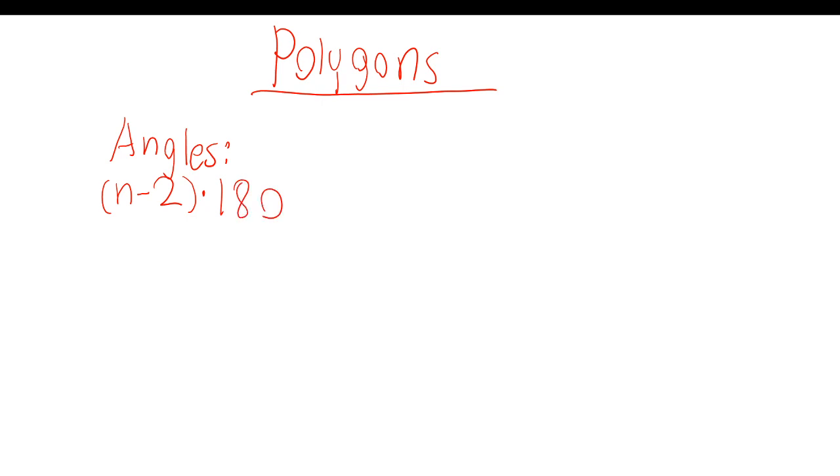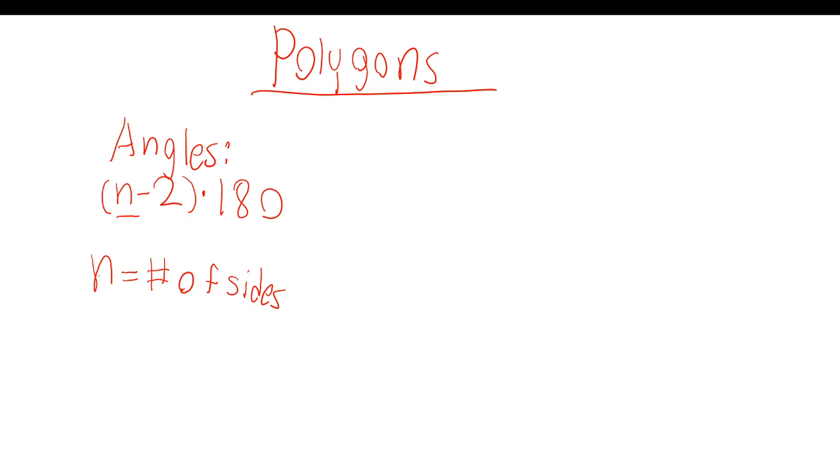Here n is the number of sides, so we subtract off 2 and multiply that by 180 degrees.